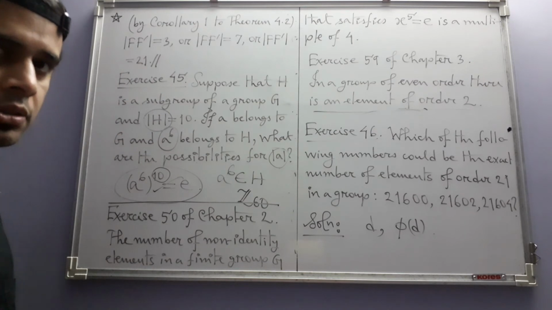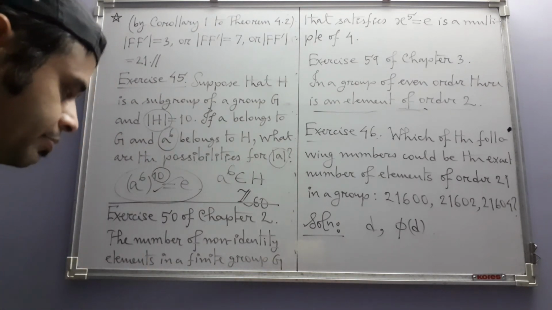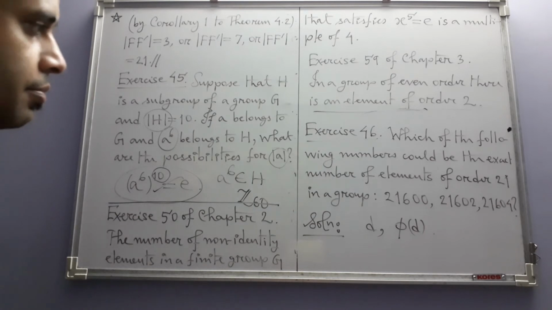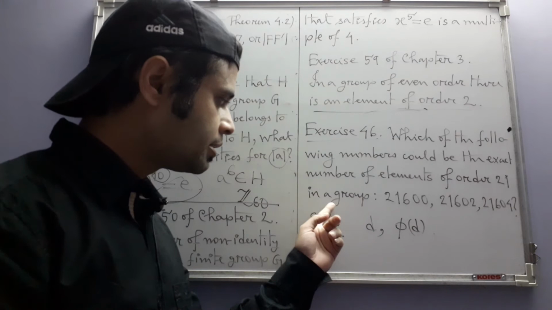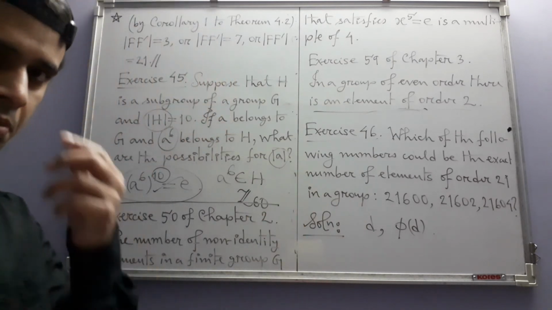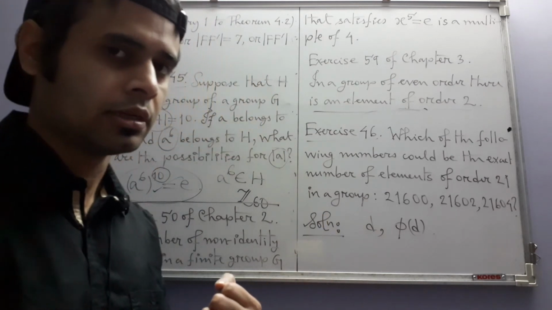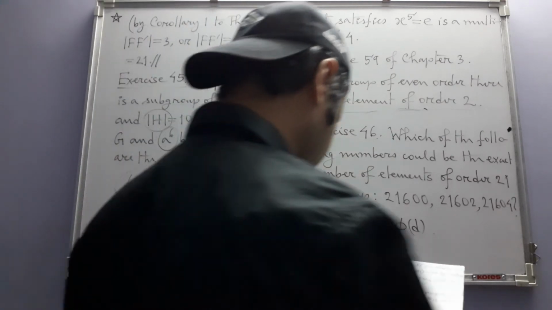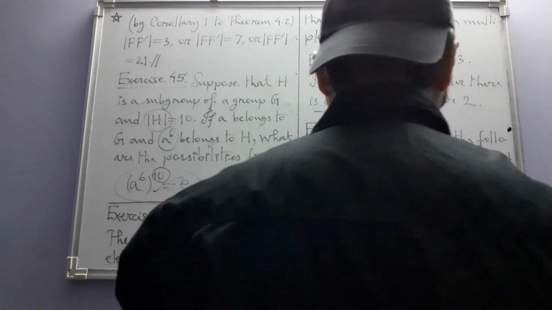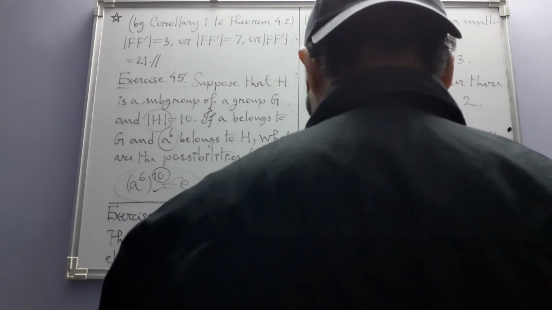This result we already know. This is in this chapter itself. However, in a group, not necessarily in a finite group, so that means we should not be able to use this result. However, there is something that in the book itself it's written in the answers, so we can write it here.